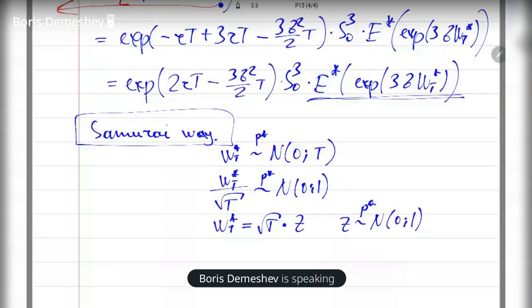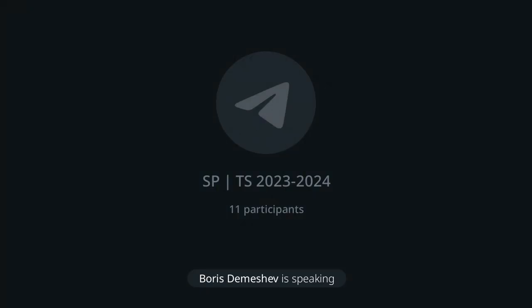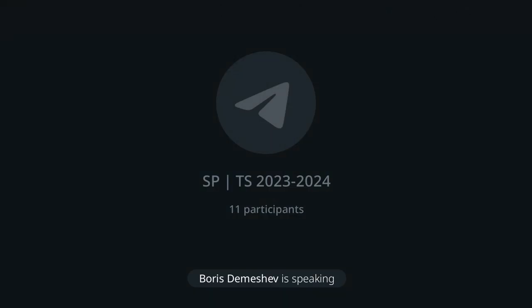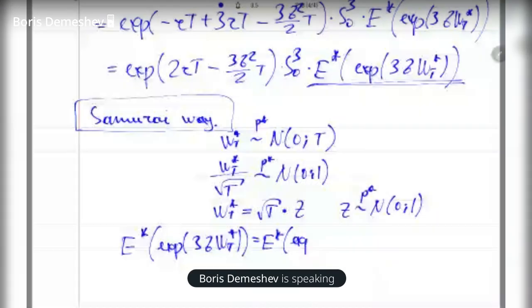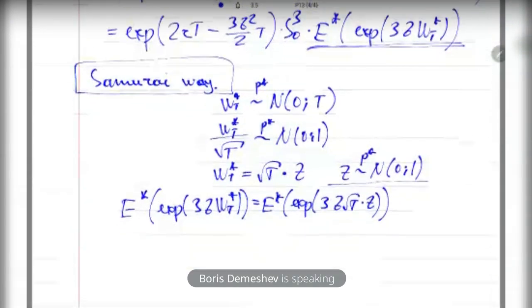To calculate expected value star of exponent 3 sigma WT star, you need to calculate expected value of exponent 3 sigma square root of T times Z, where Z has standard normal distribution.